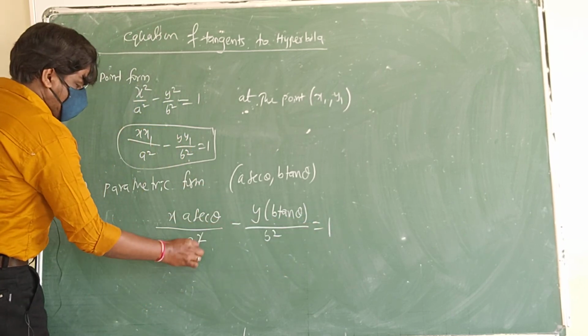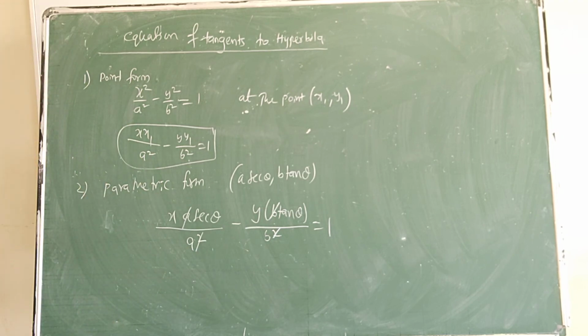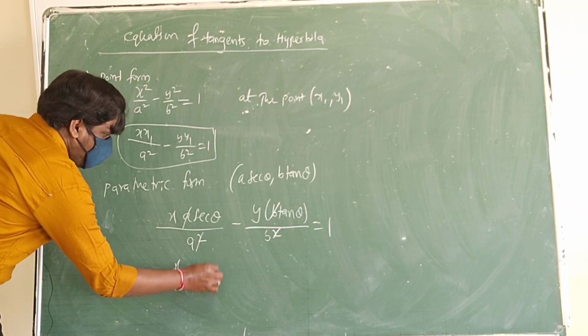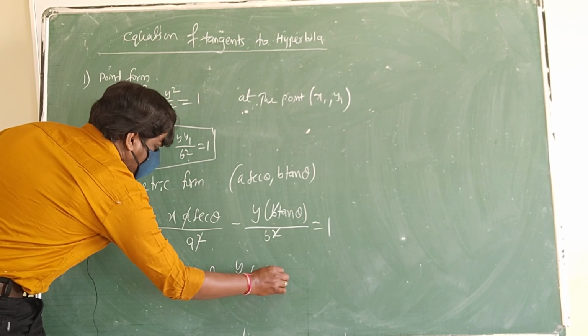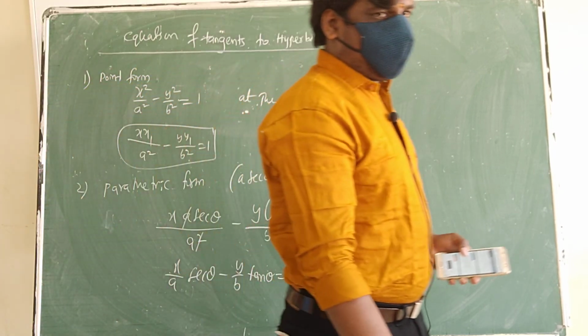It means one a cancels out, one b cancels out. So the equation of the tangent in parametric form is x by a sec theta minus y by b tan theta is equal to 1. This is the equation of the tangent in parametric form.